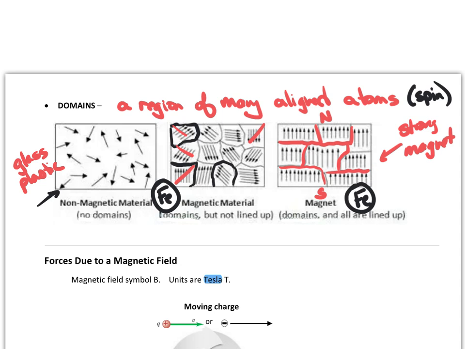It's the lowest energy state for those electrons to have aligned spin. So what's a domain? It's a region of aligned atoms in a magnetic material. If all the domains are aligned, we have a strong magnet. If the domains are random or not aligned, we have a magnetic material, but no magnetism. So this would have no poles or weak magnetism on the left or in the middle, and this one on the right would have strong magnetic poles.